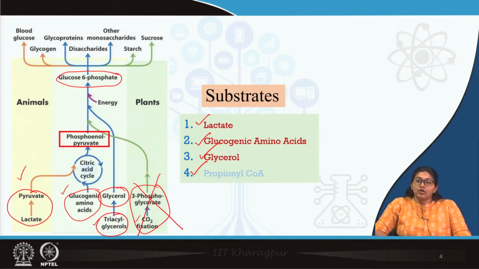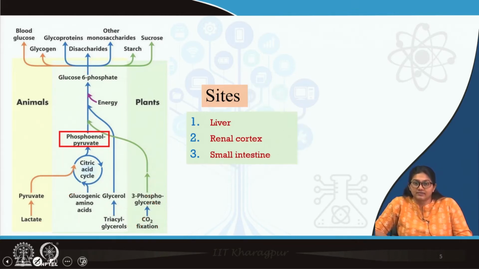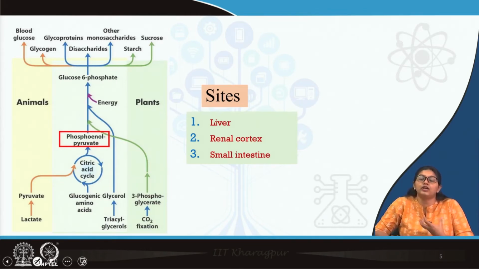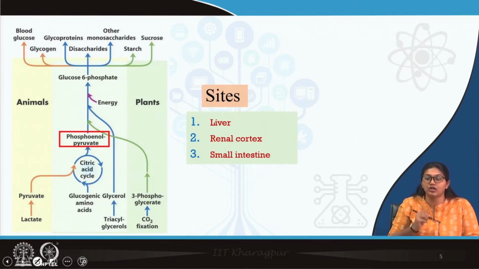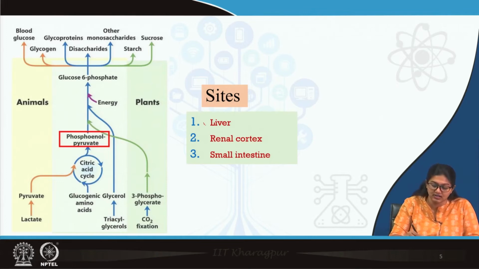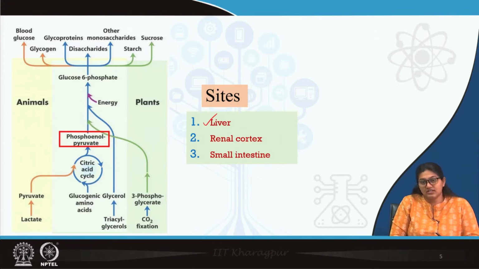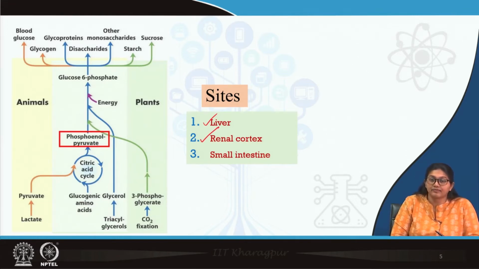Now, where does neoglucogenesis occur? As I already told in my previous class, wherever you will see some important metabolic control, you will find liver. So, here also the most important organ for neoglucogenesis is liver, and to a lesser extent neoglucogenesis can happen in the renal cortex and also the internal epithelial lining present in the small intestine.